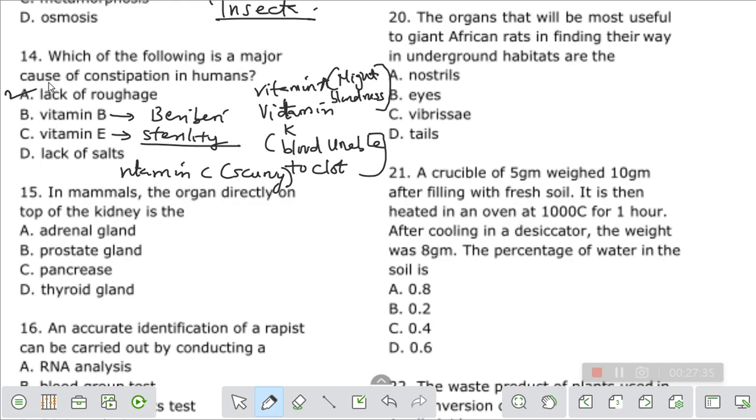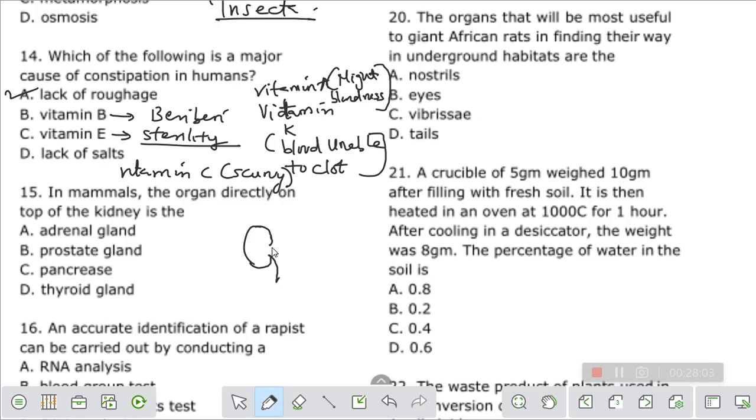In mammals, the organ directly on top of the kidney. Whenever you see a kidney, you will see one thing on top of that kidney. If this is the kidney, though this diagram is not so clear, and this is the pelvis, you have something on top of the kidney.